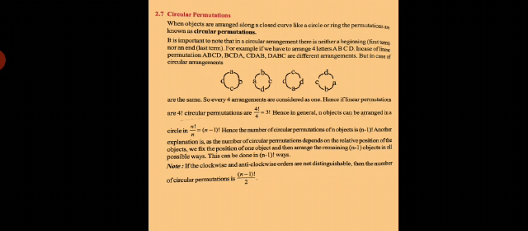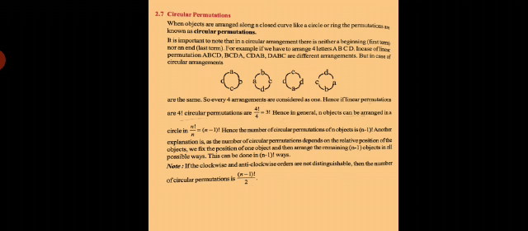But in case of circular arrangements, they are all same only. So every 4 arrangements are considered as 1. Hence, if linear permutations are 4 factorial, then circular permutations are 4 factorial upon 4, which is equals to 3 factorial only.